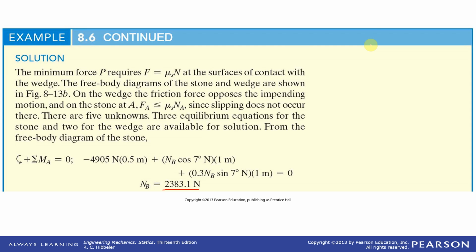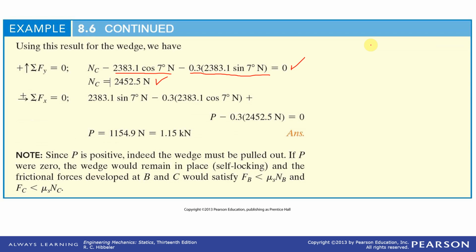There's NB, we know that. Now, 2383 sine, that would have been NB sine 7 degrees in the positive direction, plus P in the positive direction, coefficient of friction times NB cosine 7 degrees. So that's how much that is.